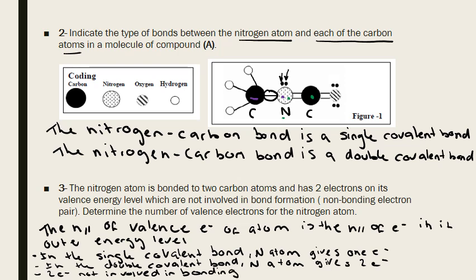So the number of valence electrons is 1 plus 2 plus 2, which equals 5. Okay?